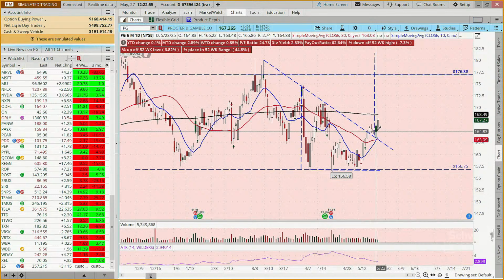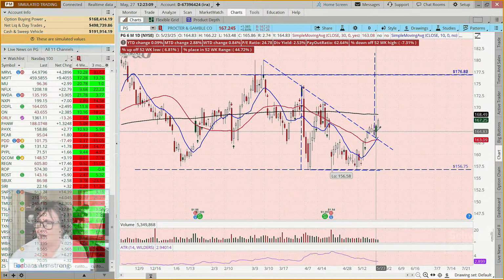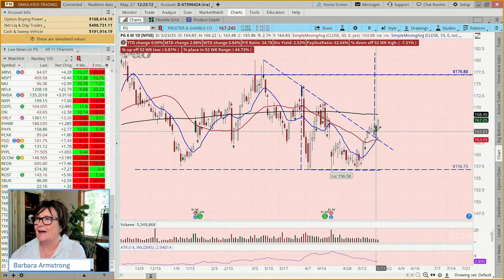I'm going to take 163.48 times 0.97 and say, hey, if it goes 3% below that low to 158.57, I'm going to exit. And then my target is going to be 176.